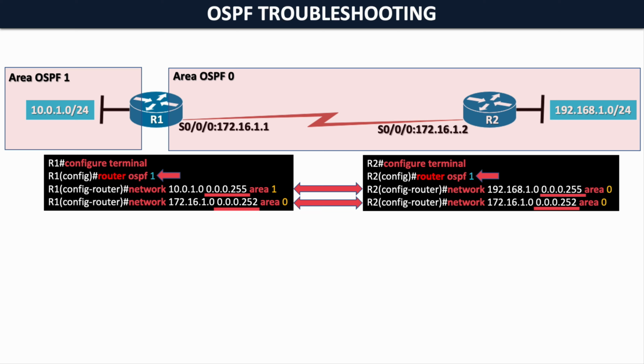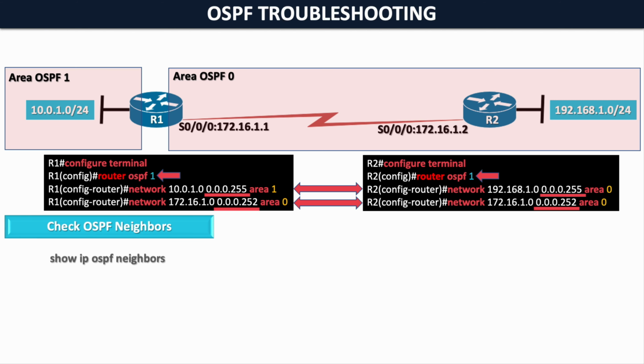OSPF troubleshooting requires a good understanding of the protocol and how it works. As with any type of troubleshooting, you have to take it step by step. You should always start by checking that the router has established an adjacency with its neighbor using the show ip ospf neighbors command.